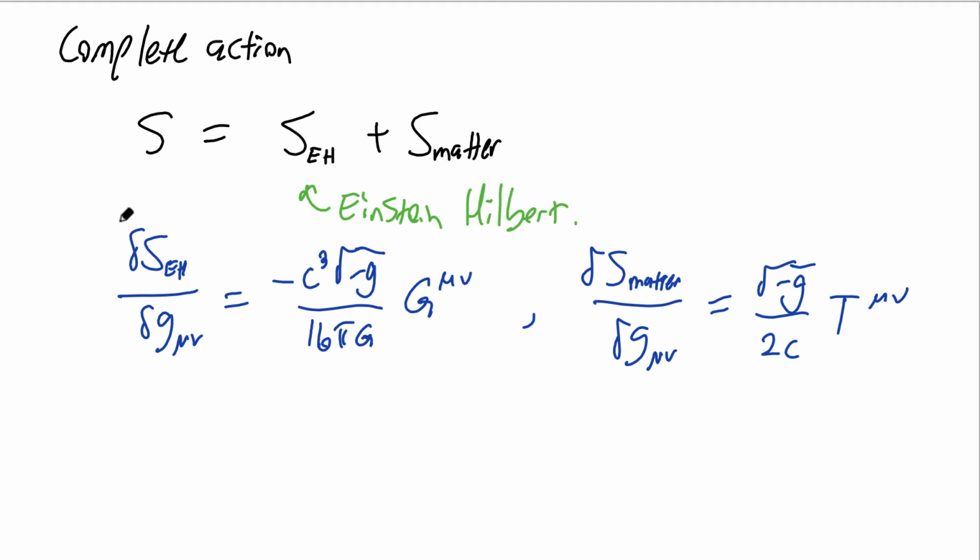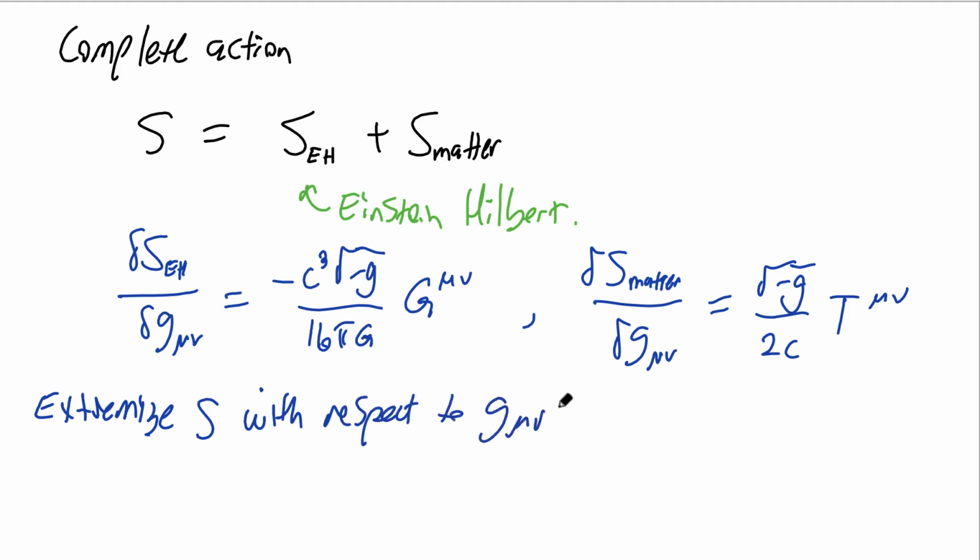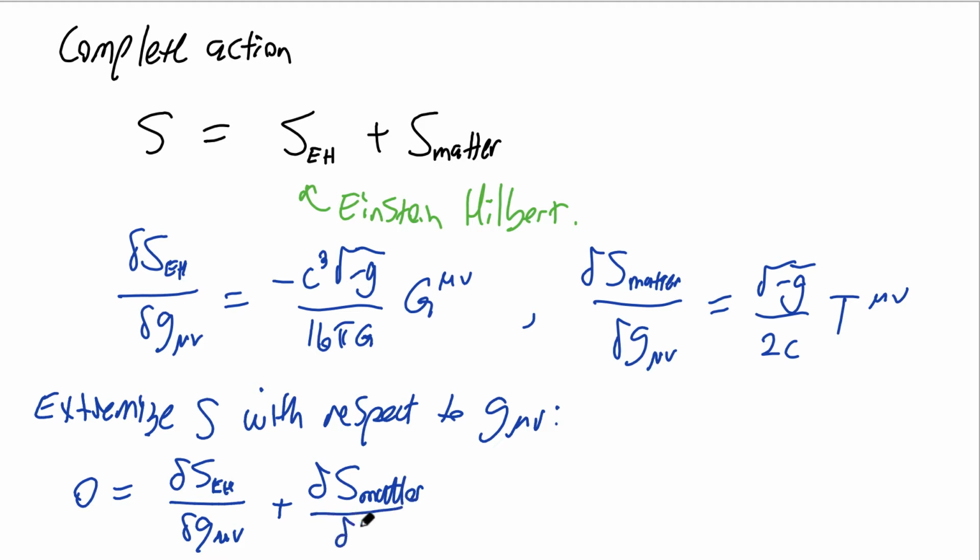So now if we extremize this action with respect to the metric, what we have is the functional derivative of the Einstein-Hilbert action plus the functional derivative of the matter action equals 0, and that gives the Einstein equation, G mu nu equals 8 pi G over c to the 4th times T mu nu.